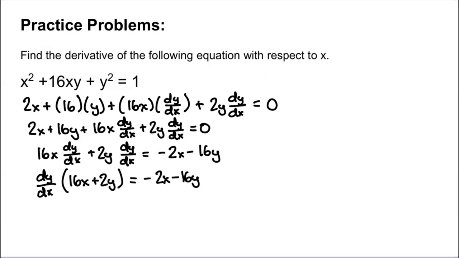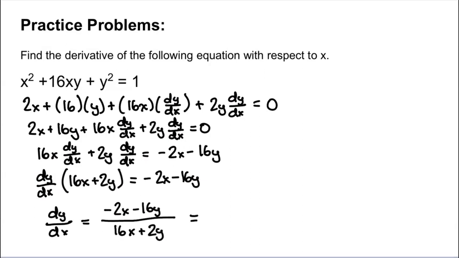And now we're going to divide both sides by 16x plus 2y to get dy dx is equal to negative 2x minus 16y all over 16x plus 2y. And if you want to further simplify, we can take out a 2 on both sides.